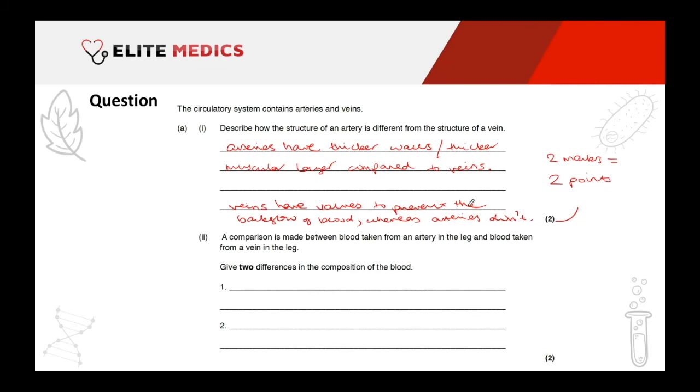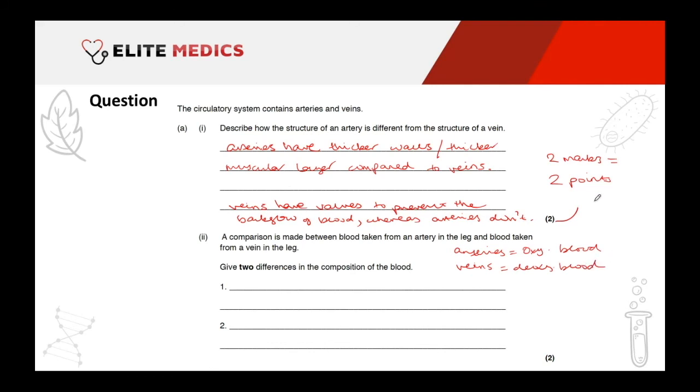So remember, arteries carry oxygenated blood and veins carry deoxygenated blood. Okay, so arteries equals oxygenated blood and veins deoxygenated blood.